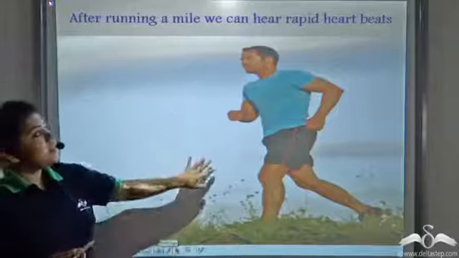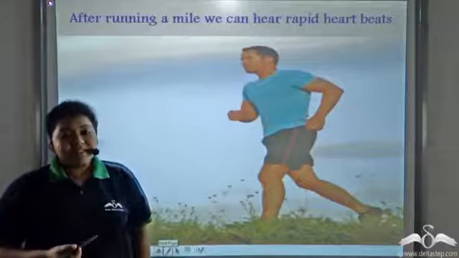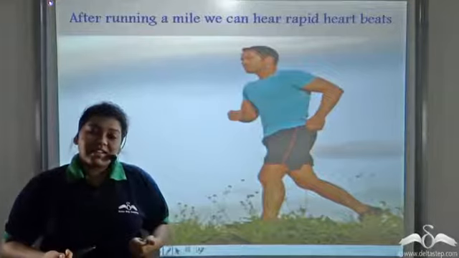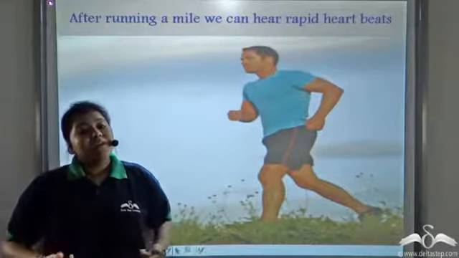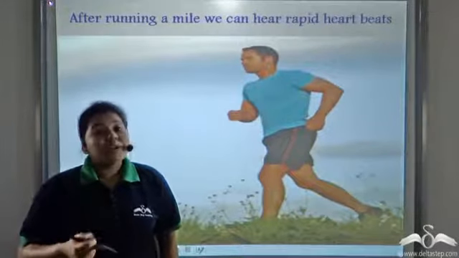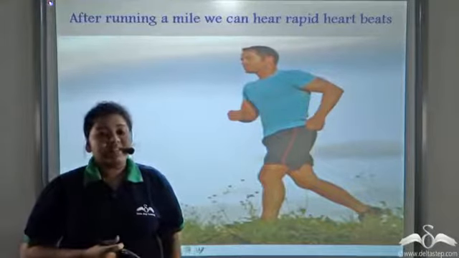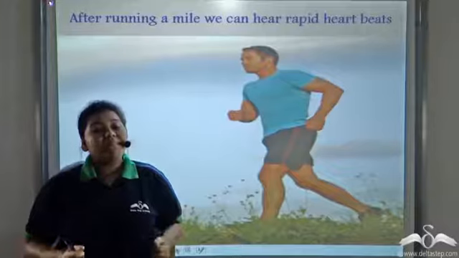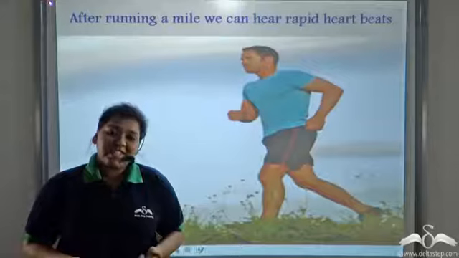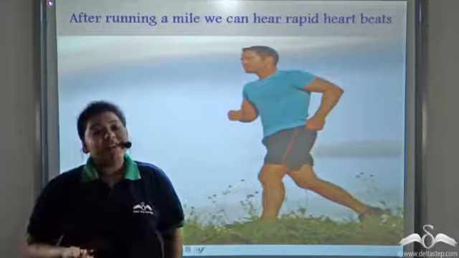When you run a mile, you can often hear rapid heartbeats. Well, when you run, your muscles are working a lot, so your body needs a lot of oxygen, and for that, the heart is pumping more and more blood so that your body gets enough energy. So, when the heart is pumping a lot of times, it means that the rate of contraction and relaxation of the heart muscles is also quickened.